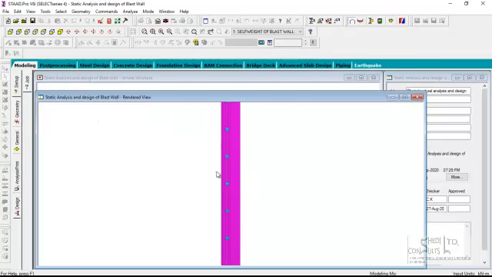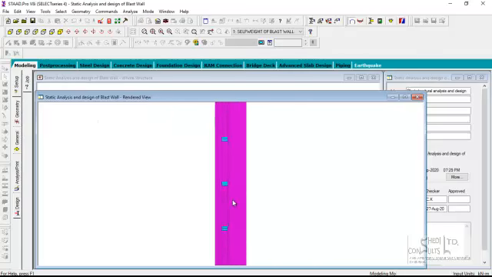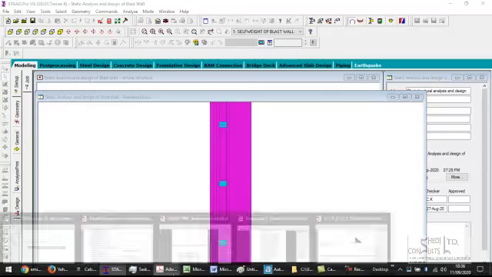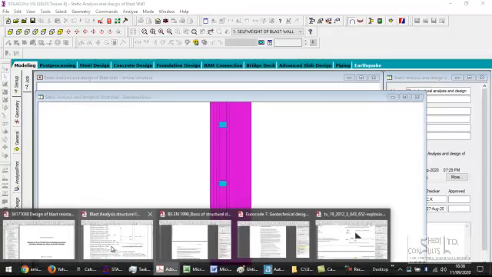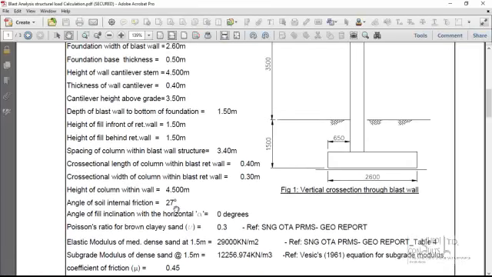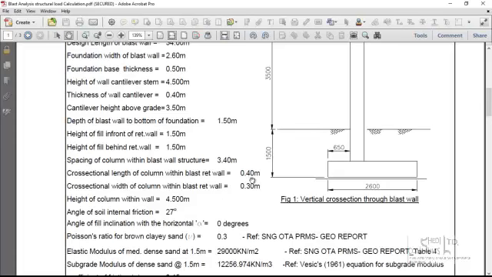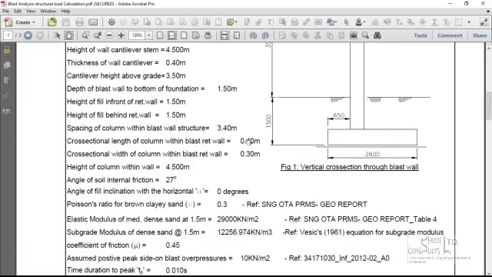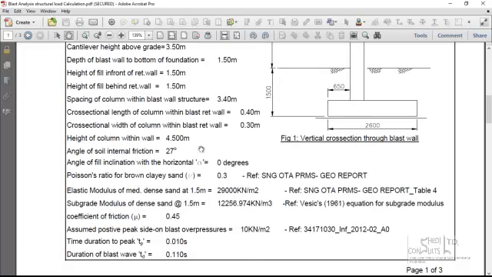The properties of the columns are also specified here. The cross-sectional width of the column is 0.3 and the length is 0.4, the cross-section I'm referring to. The height of the column is about 4.5.